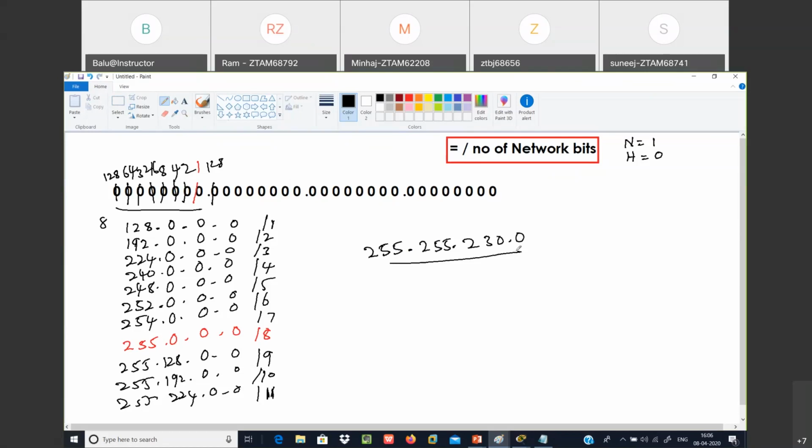Everyone's answer is wrong. It is not a default subnet mask, and it is not a customized subnet mask. You know why?